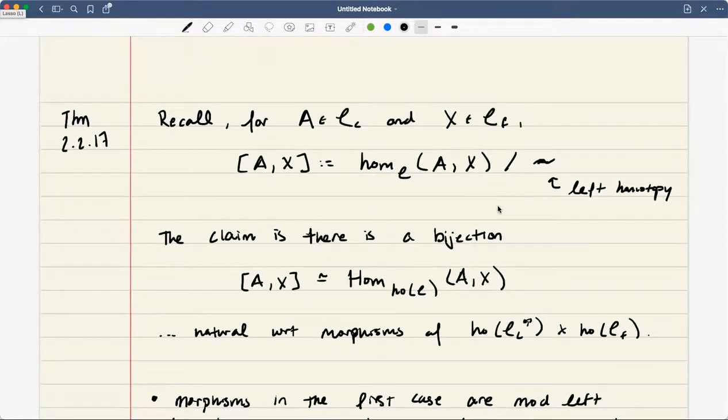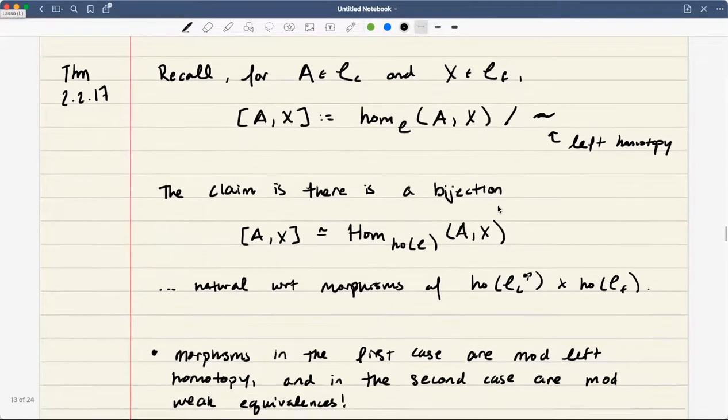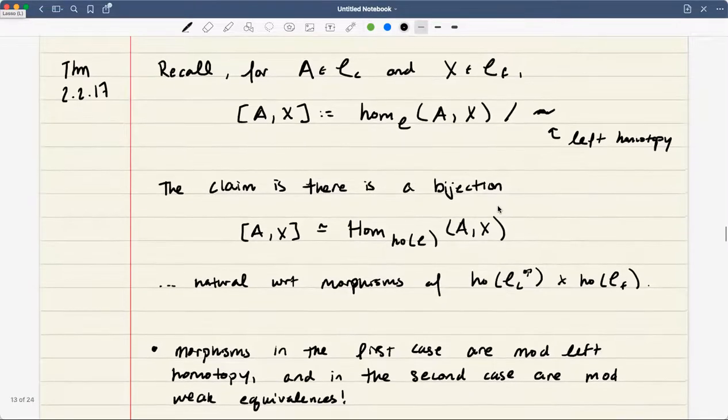And then we have this theorem, which is quite cool also. We defined this Hom set modulo left homotopy, and then here in the homotopy category, we have the Hom set modulo weak equivalences.